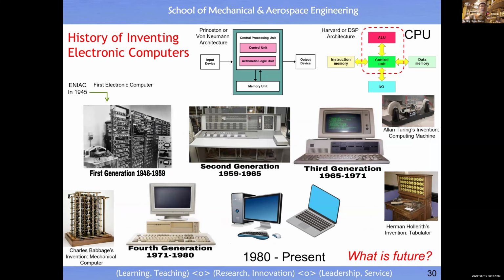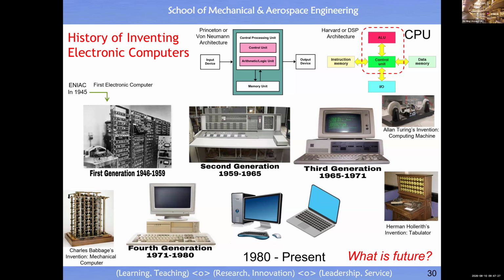Then you need to know, when was the first electronic computer invented, right? You will see it was invented in the year 1945 due to a military project, because this project was funded by the defense ministry in the USA, DARPA, right?